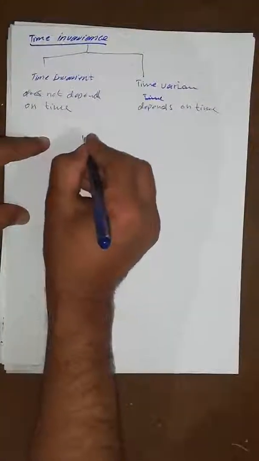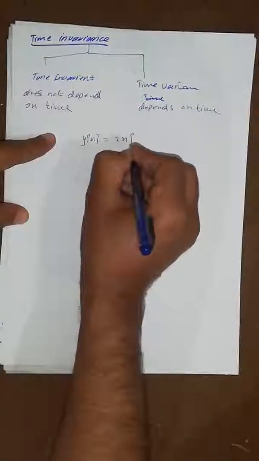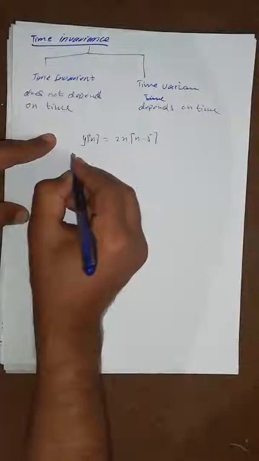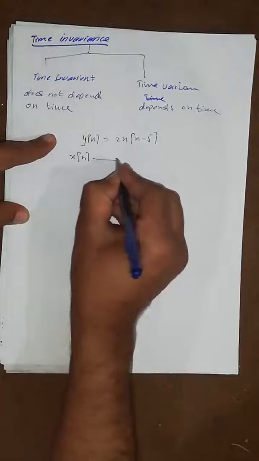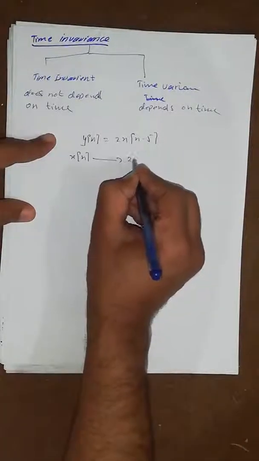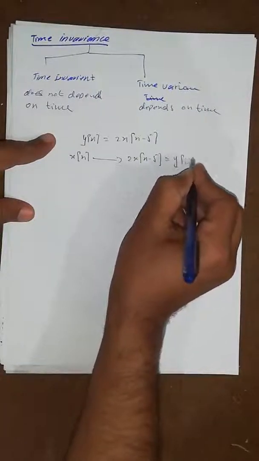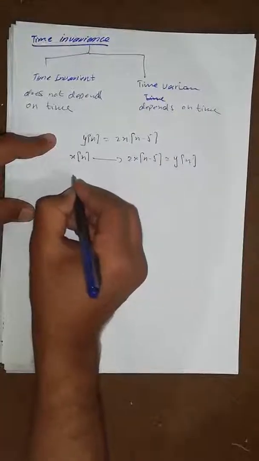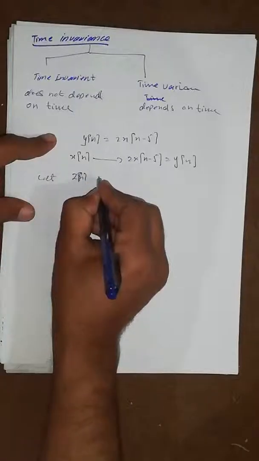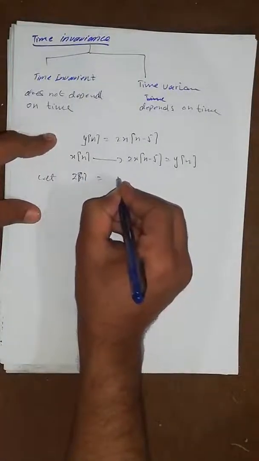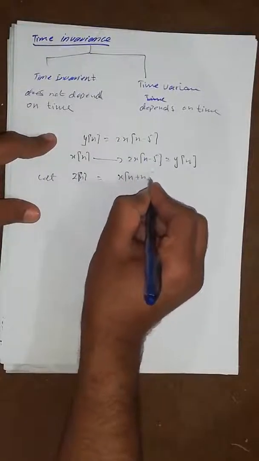Let's suppose a system with the output y of n equals 2x of n minus 5. Let's suppose x of n is the input which gives the output y of n. Let's suppose z of n is equal to x of n plus n naught. It is time shifting.